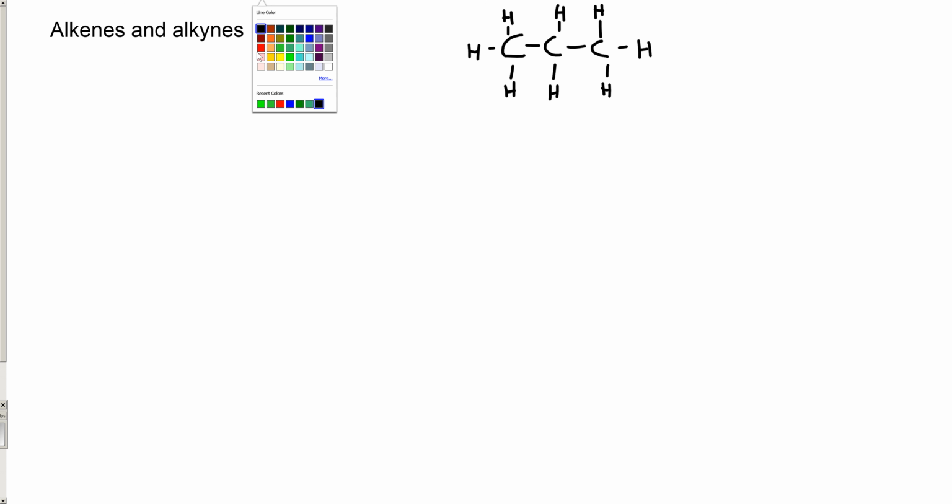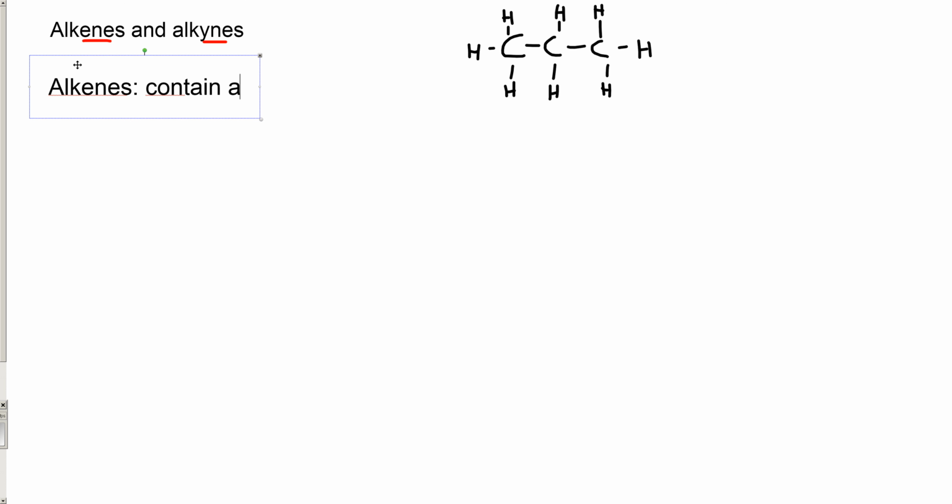Alkenes and alkynes, instead of ending the names in ane, they'll end in ene or in ine. So here are the facts about alkenes. They contain a carbon-to-carbon double bond.